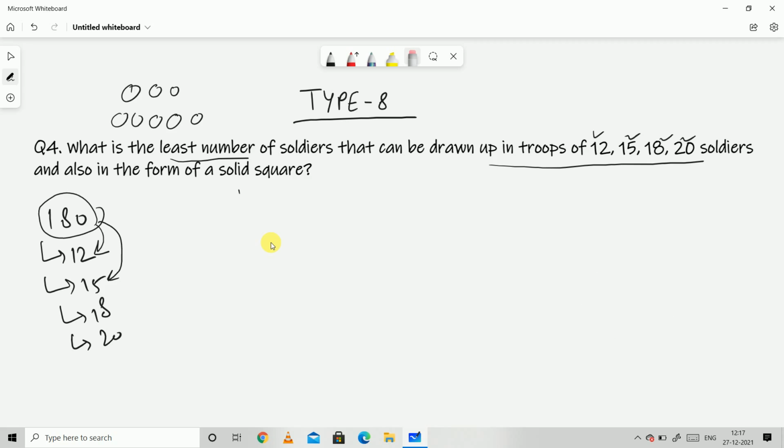Now what does that mean? It means that you have to, what is a square? A square has equal sides.